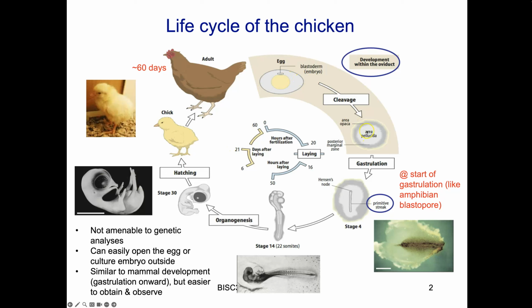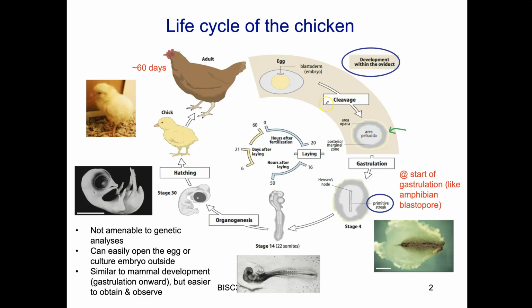But a lot of division has happened already, and so we're going to look at, from a different point of view, this part of the embryo, which is approximately when egg laying happens.